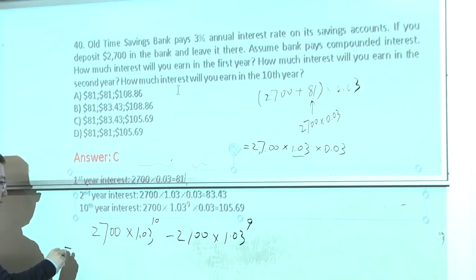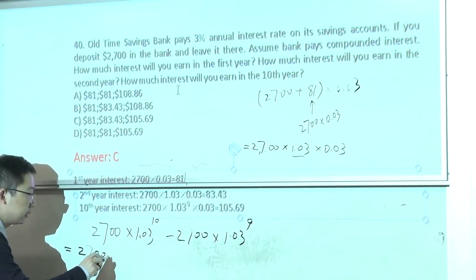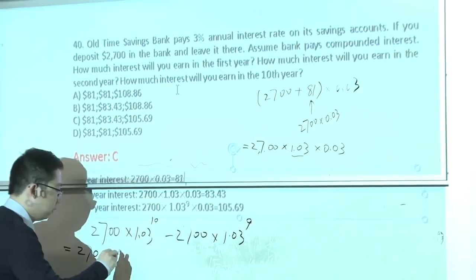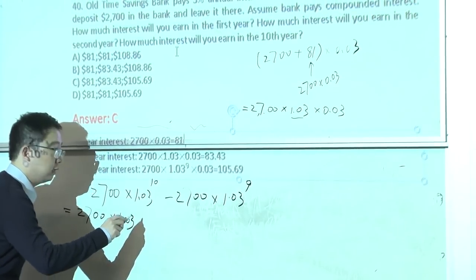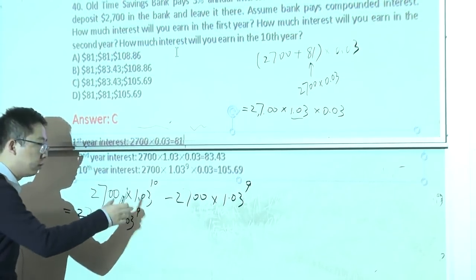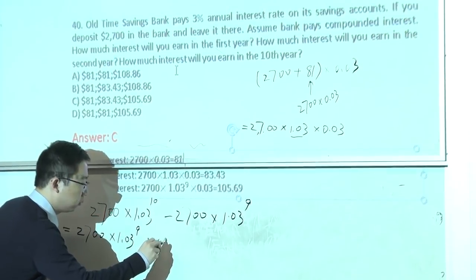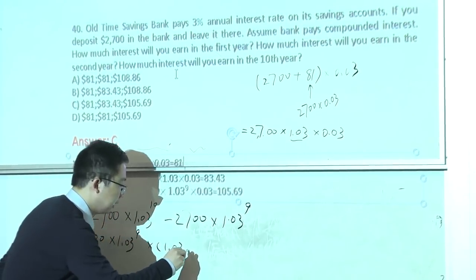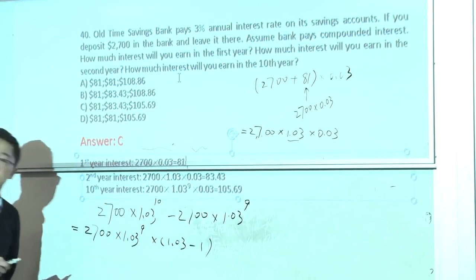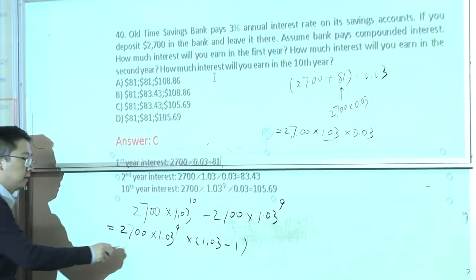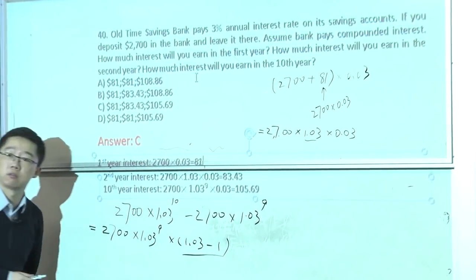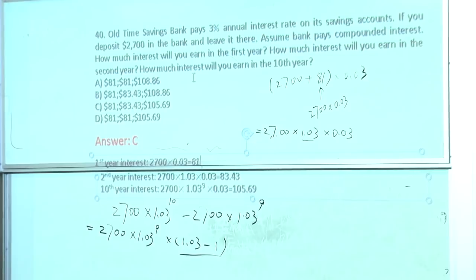How much is that? We pull that out and put 1.03 minus 1 in the parentheses. They are the same thing. So that is equal to 0.03. Right? Very good.